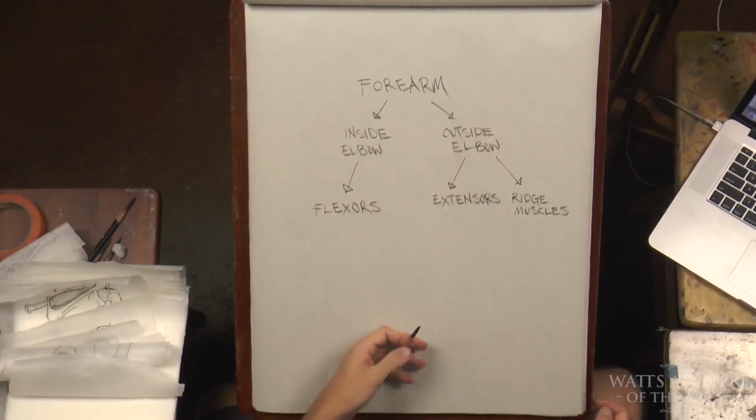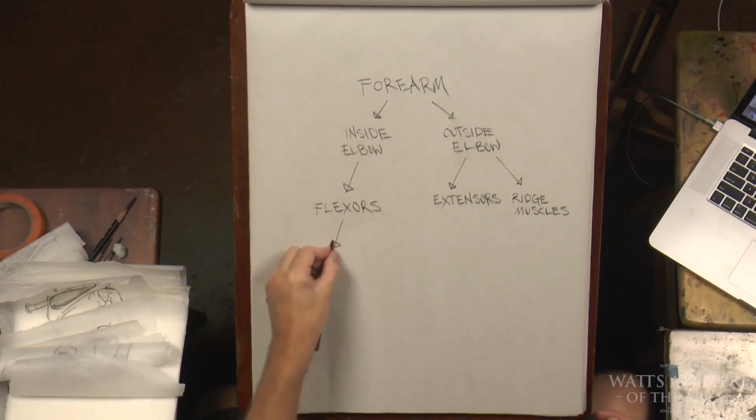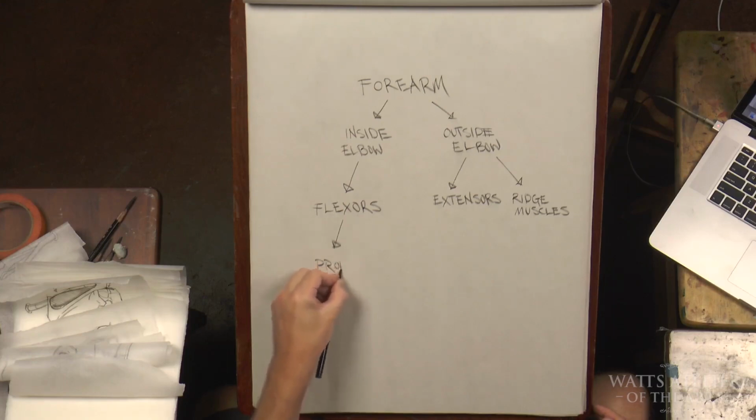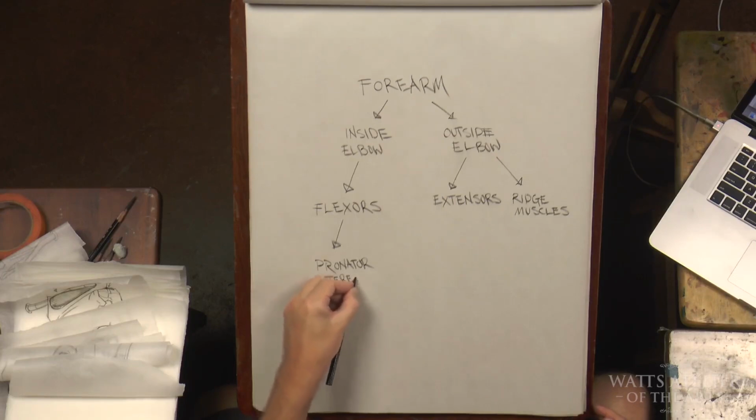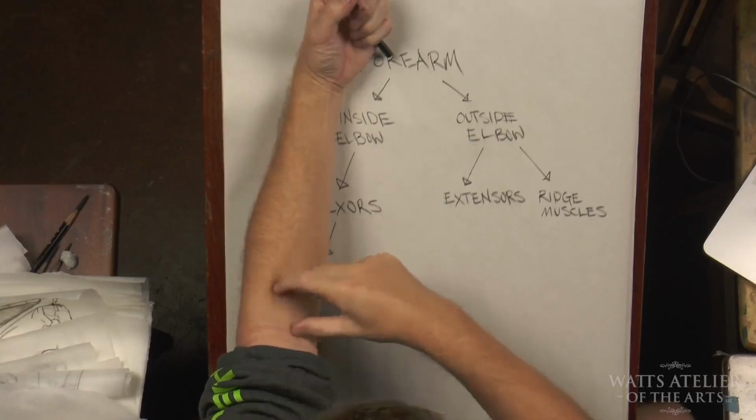And then there's a couple little things. And these are, well, I shouldn't say less important. They're just a little less visible. But pronator teres, we can add, I think, to this list, because it's visible kind of up here separate.